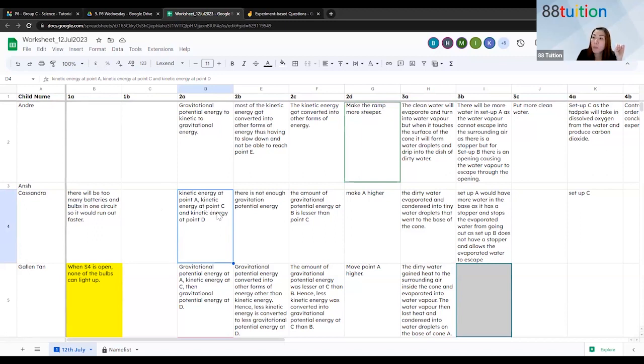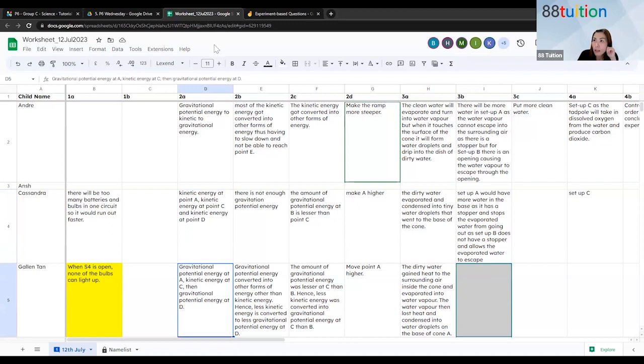At the bottom, point C, that is the lowest point, that is where you have the maximum kinetic energy. When it reaches point D, it stops there for a while before falling backwards, so there is gravitational potential energy, Cassandra. Energy is not very strong, right, Cassandra? Okay, let's see whether I can pack some notes in.